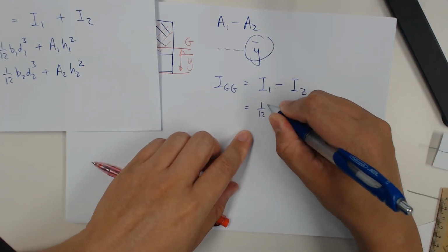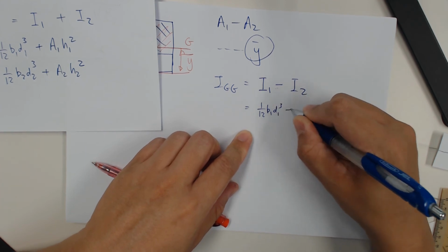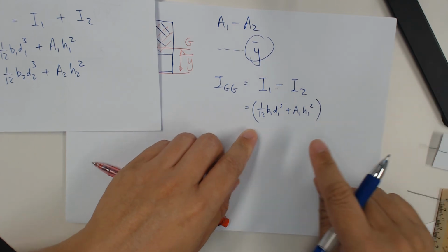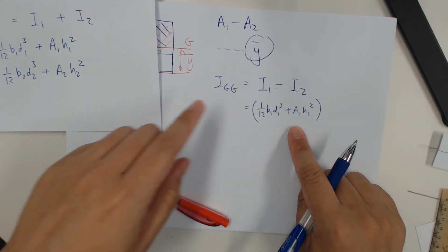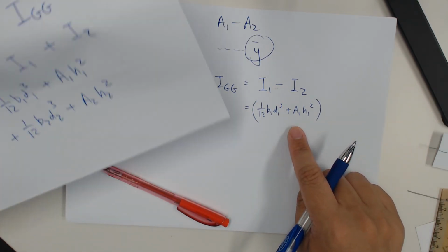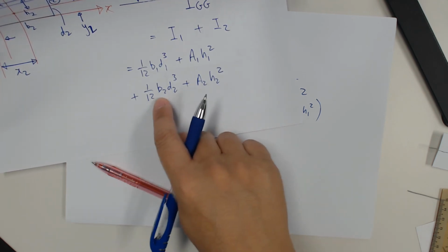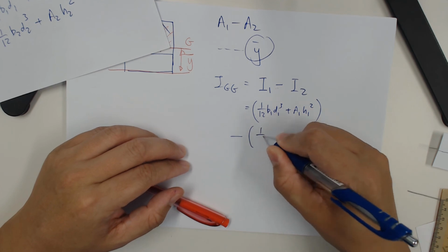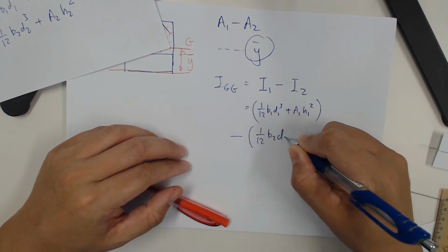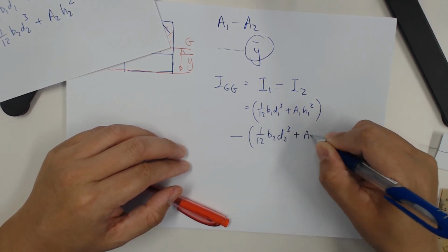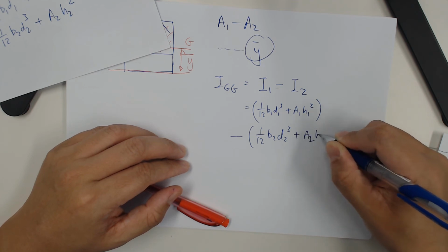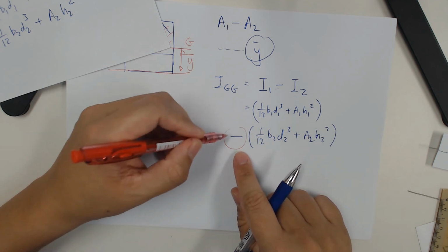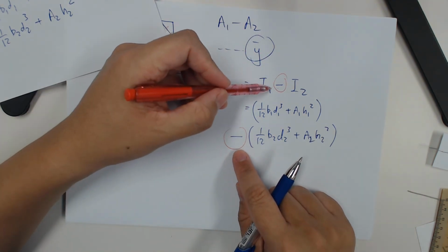I1 again is the same thing, b1 d1 cubed plus a1 h1 squared. You have to make sure there's a minus sign before all these terms, the I2 terms. So it's minus 1 over 12 b2 d2 cubed plus a2 h2 squared. This is very easily missed out.